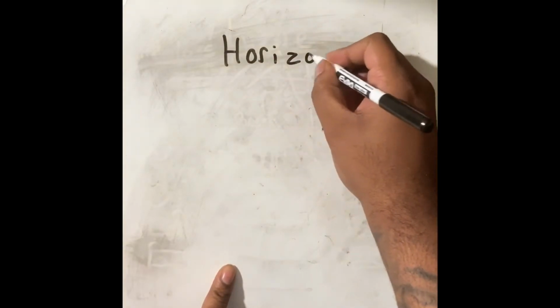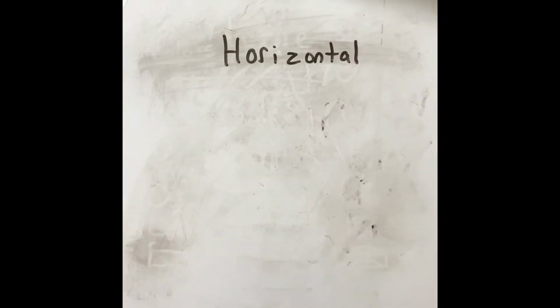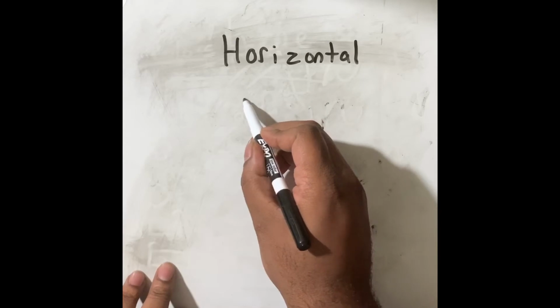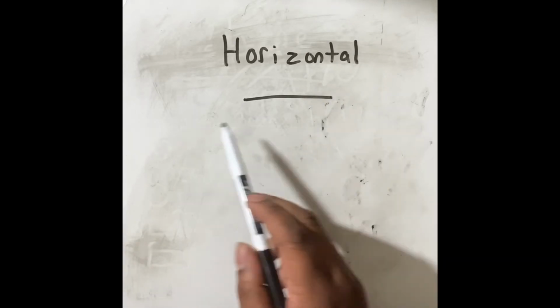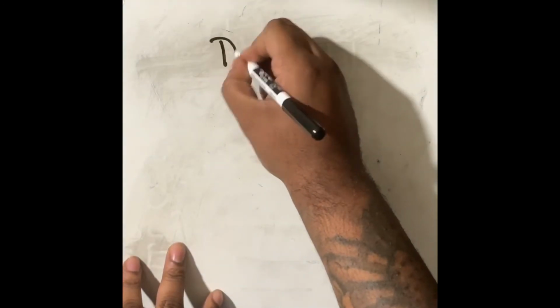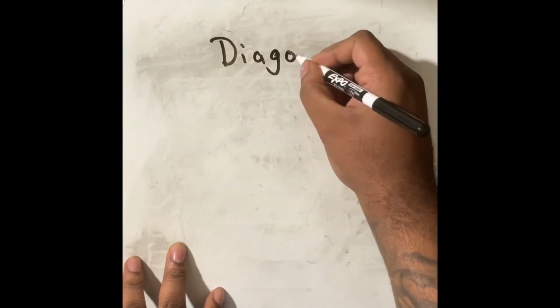Let's talk about these lines. The first one is horizontal. A horizontal line goes from side to side. Our next line is a diagonal.